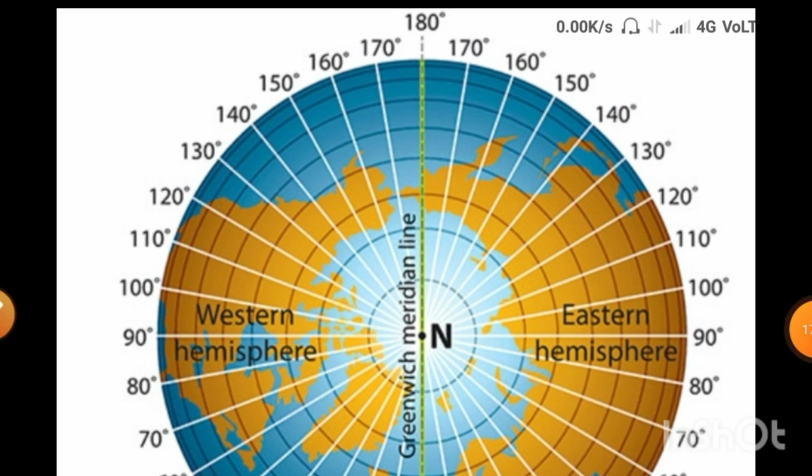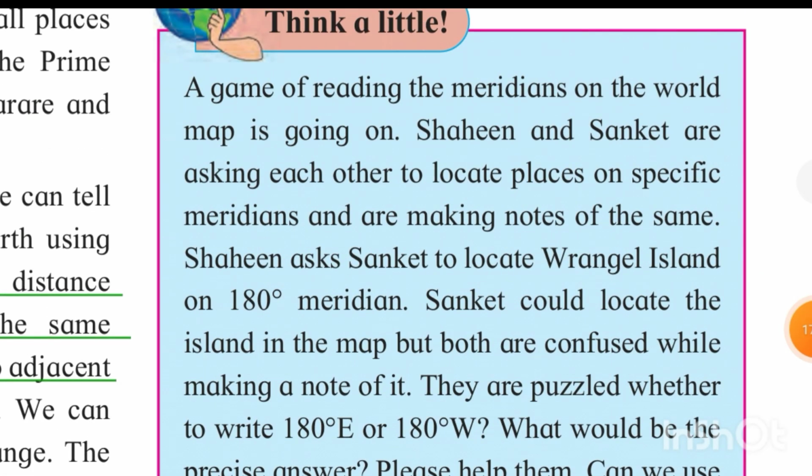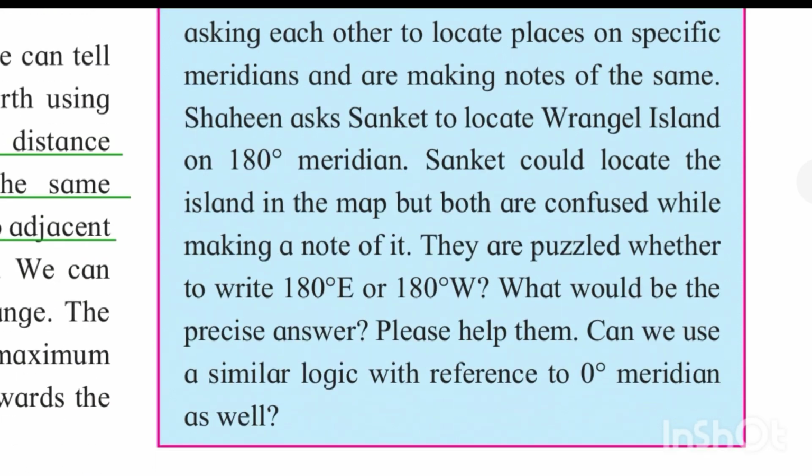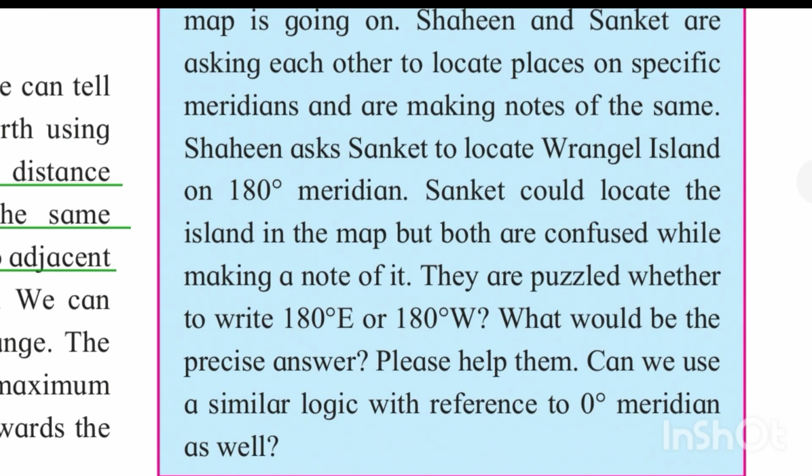A game of reading the meridians on the world map is going on. Shaheen and Sanket are asking each other to locate places on specific meridians and are making note of the same. Shaheen and Sanket have to locate Wrangel Island on the 180 degree meridian.